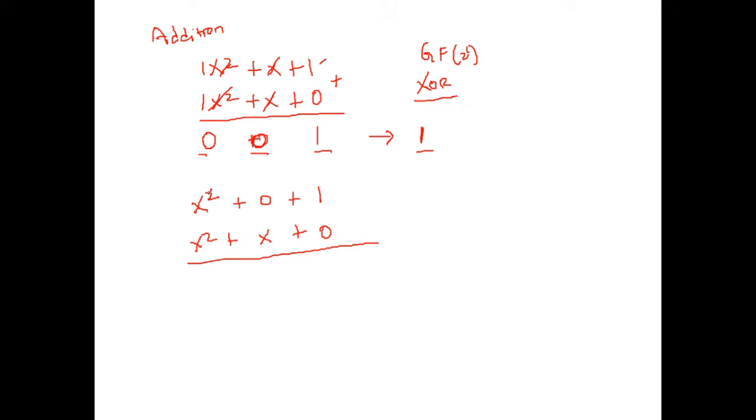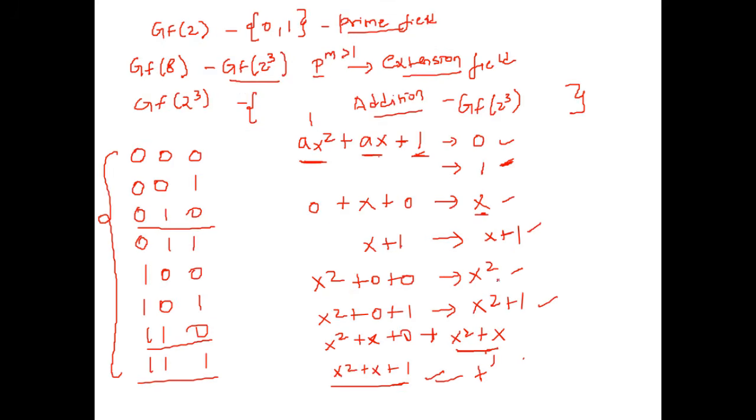In an XOR operation, these two things will cancel out. So you can consider it to be like this. When you have two similar terms, that will cancel out. So that will be a 0, and you have an x out, and this will be a 1. So what is the output here? This is nothing but x plus 1. And again, x plus 1 is part of our set, right?